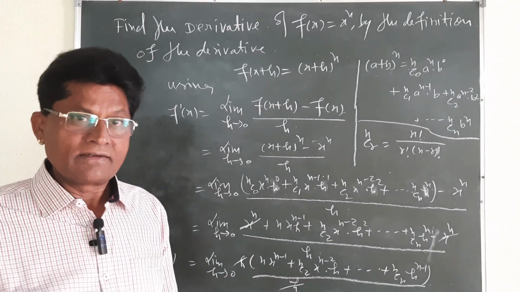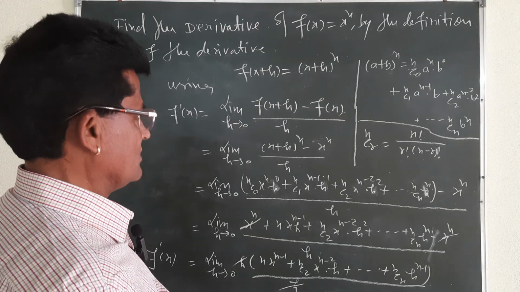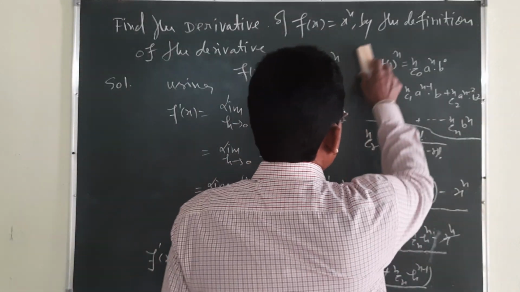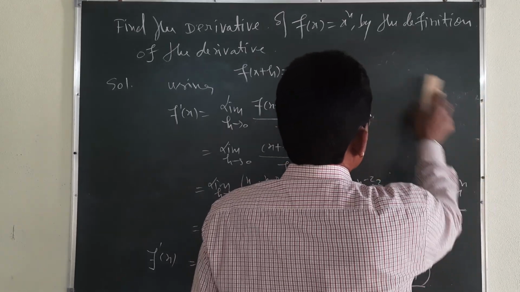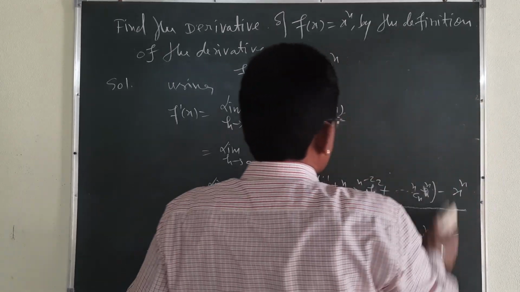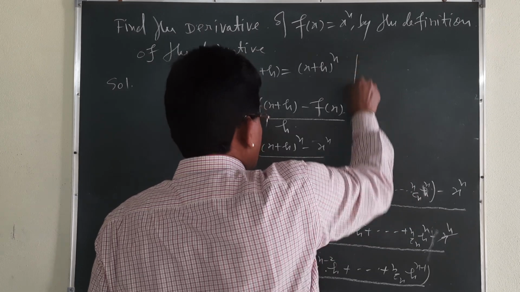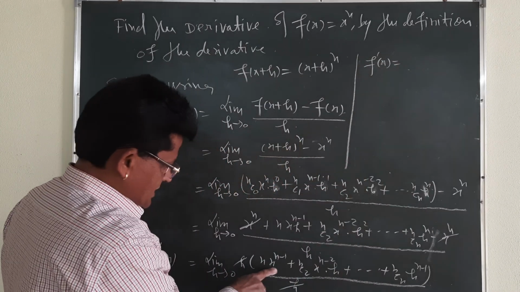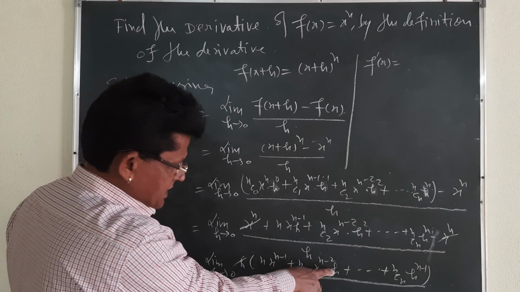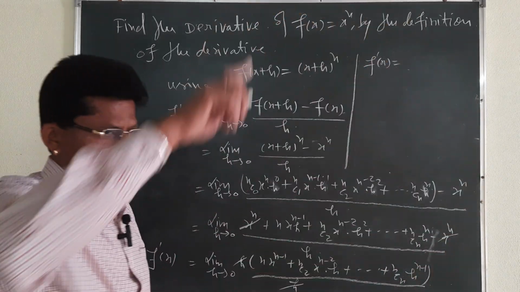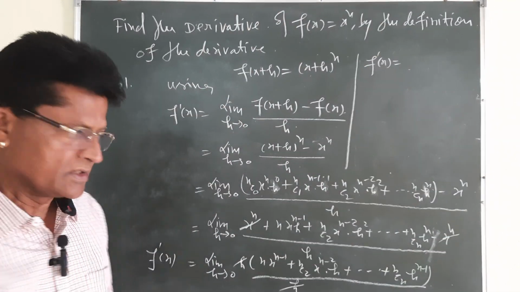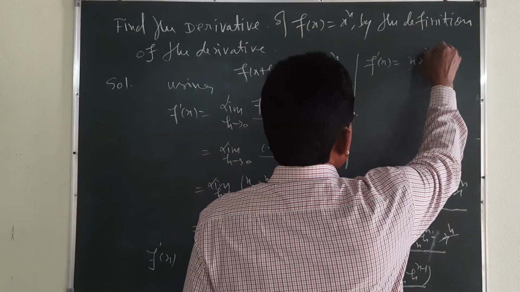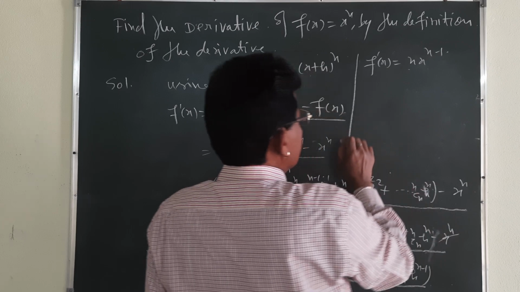Now taking the limit. How will you take the limit? See, dear student, it is a very important thing. When you take the limit, the terms are free from h, which means other terms will be zero except the first term. What is left? n x to the power n minus 1.